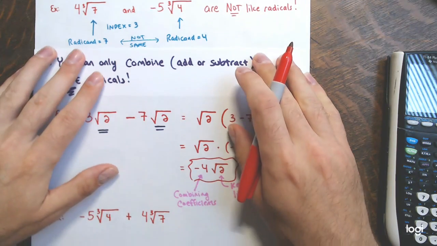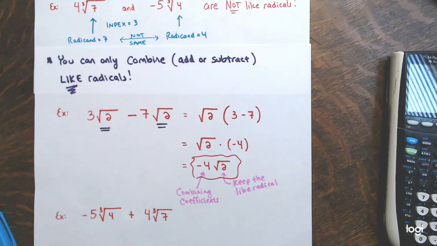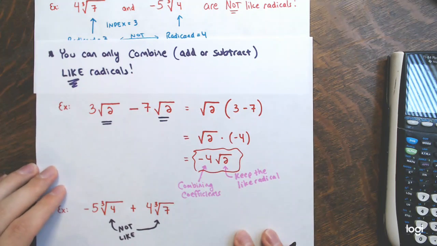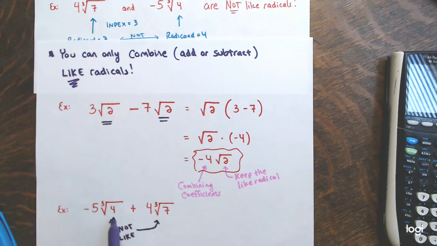And I said, what's the sum of these two? Well, as mentioned on the previous page, these radicals are not like. They have the same index, but they don't have the same radicand, and they have to have both the same index and same radicand to be considered like.